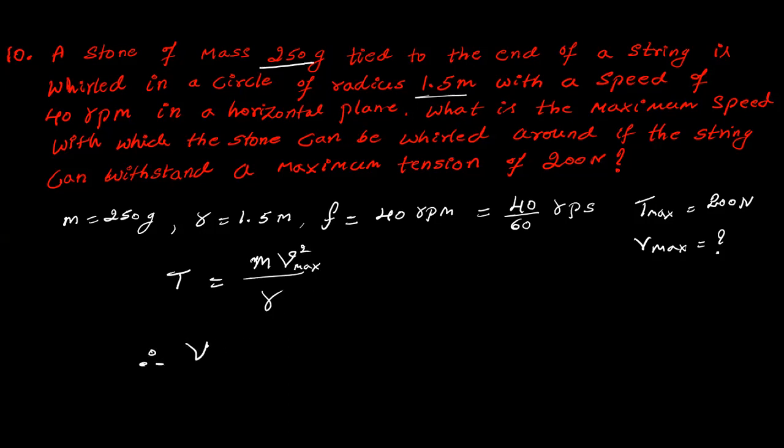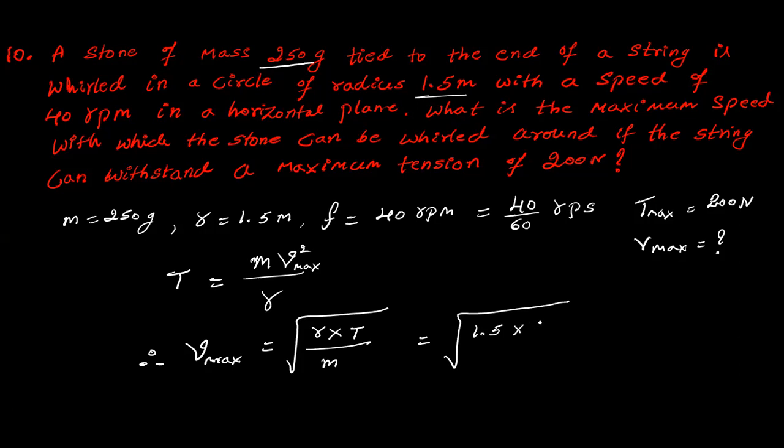Therefore, V maximum is equal to root of R into T divided by M. So that is equal to root of 0.5 into the tension in the thread, we can take that as 200, whole divided by the mass. 250 gram it is.